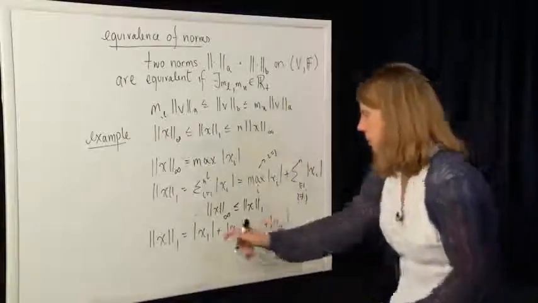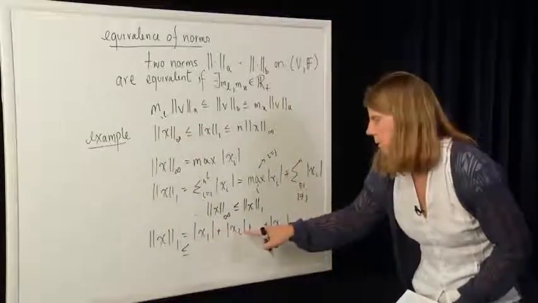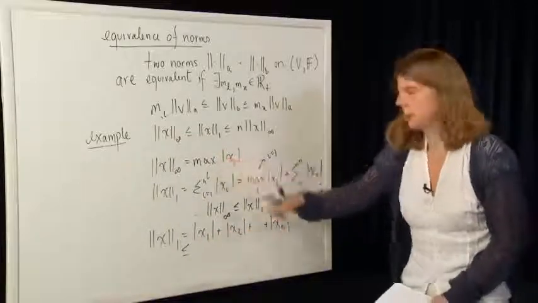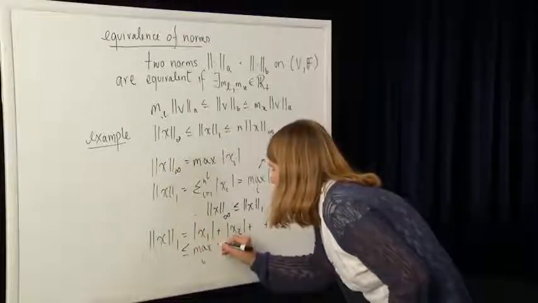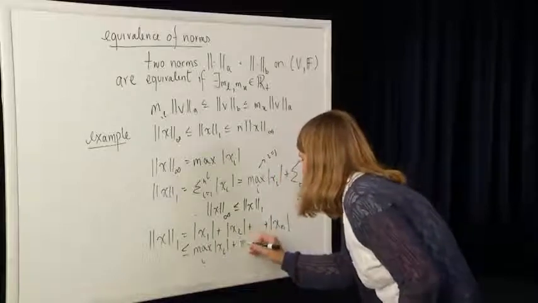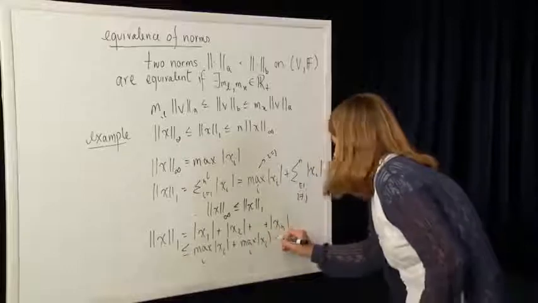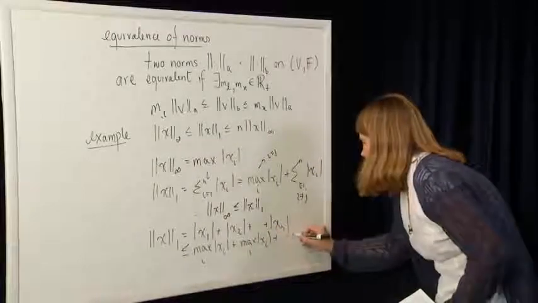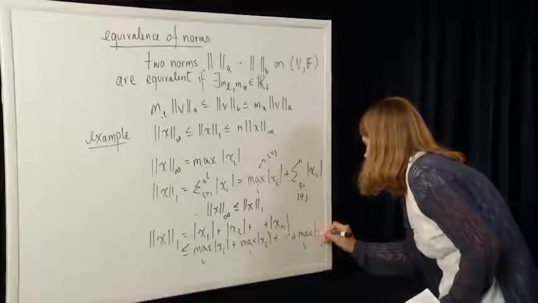And that's going to be less than or equal to, since each of these elements is less than or equal to the max, the max over i of |x_i| plus the max over i of |x_i|, and all the way up to the nth element, plus the max over i of |x_i|.